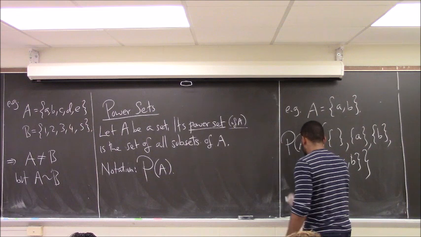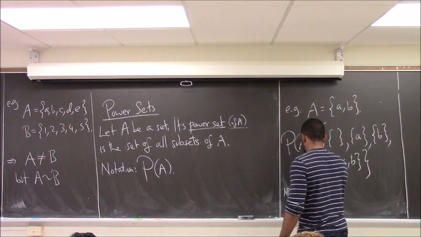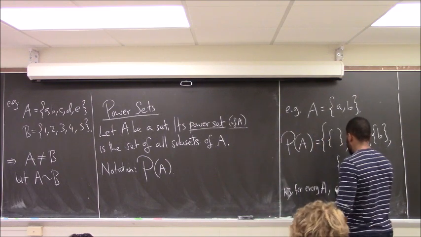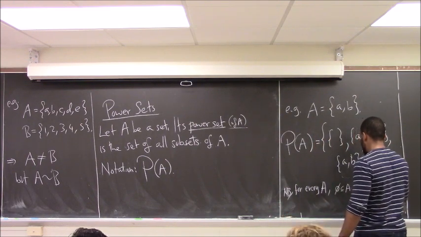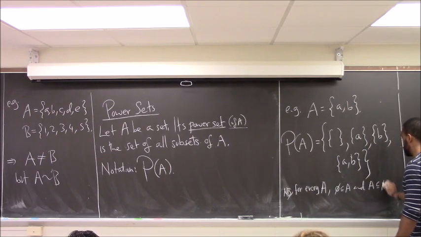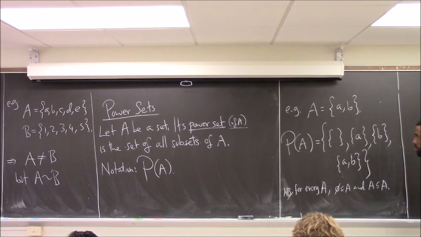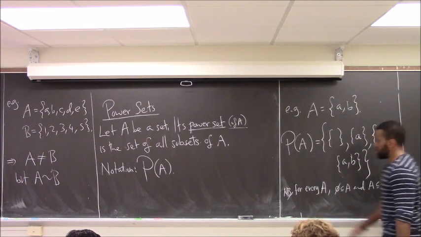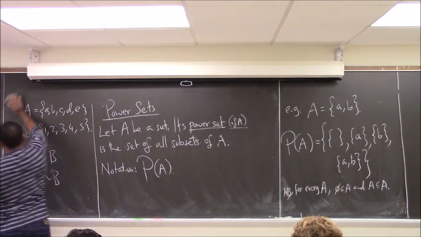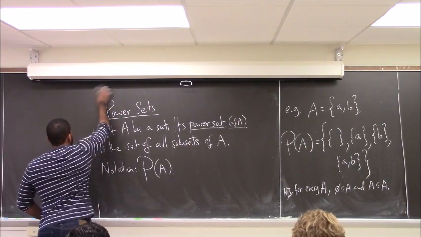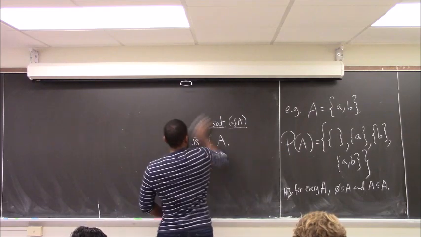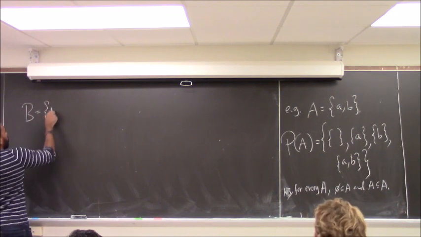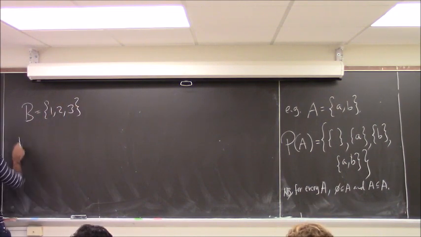I want you to note here, for every A, the empty set is a subset of A, and A itself is a subset of A. Okay, let's have you guys get some practice here. Suppose B equals {1, 2, 3}. Find its power set.